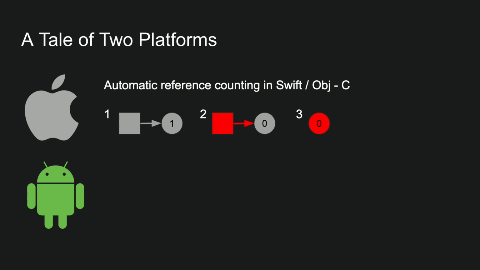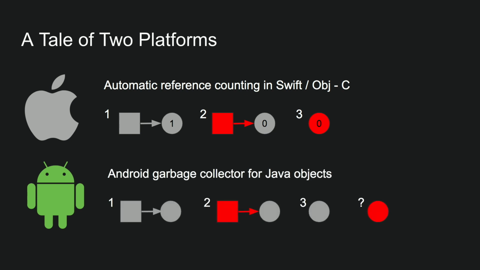So the circle object has a reference count that's associated with it, and that reference count is 1. Step 2, if we remove the square object, then the reference count for that circle object is now 0, and immediately and deterministically, that object is deallocated. So that seems pretty simple.